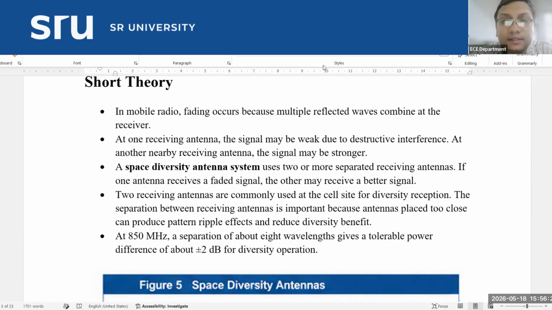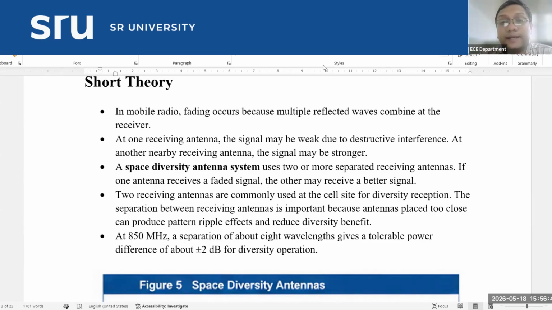Then what is the solution? The solution is to use another antenna. So without moving myself or the mobile device, I can place another antenna.